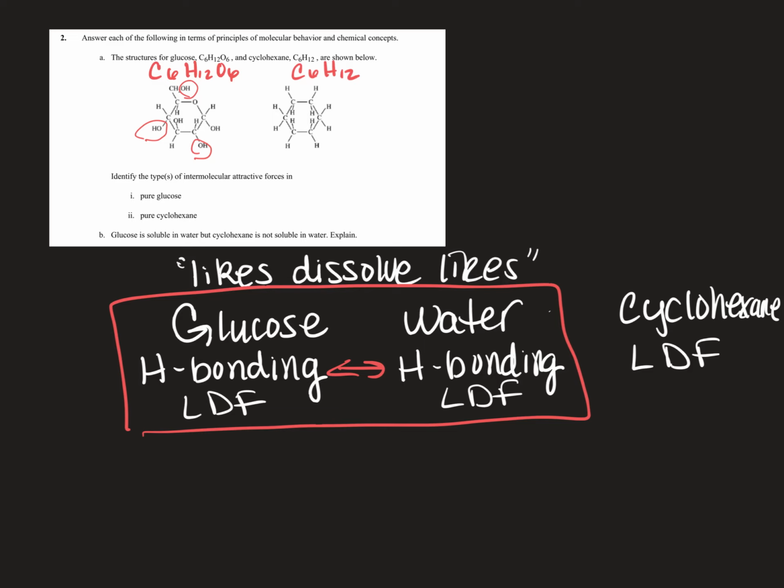So glucose is soluble in water. In contrast, cyclohexane is not capable of forming strong intermolecular attractions with water, no hydrogen bonding. So the water-cyclohexane interactions are not as energetically favorable as the interactions that already exist among polar water molecules. So that's what it's looking for in question B.